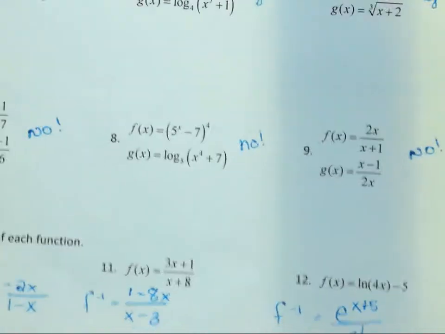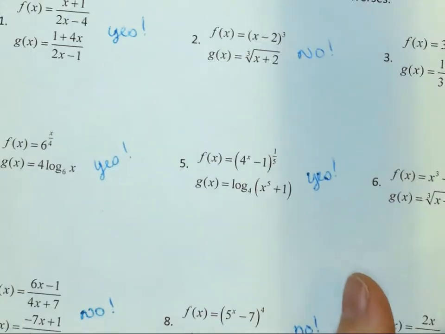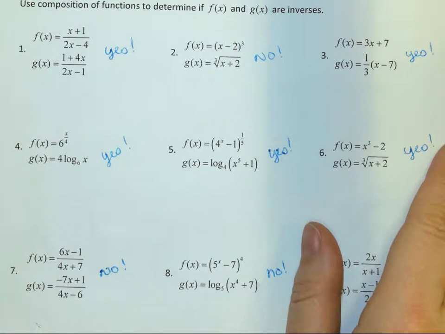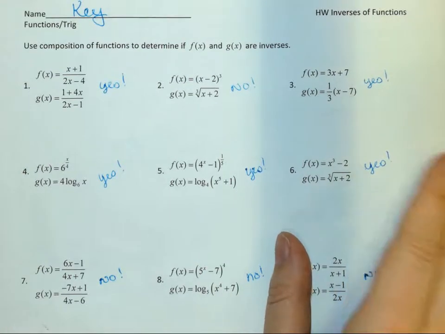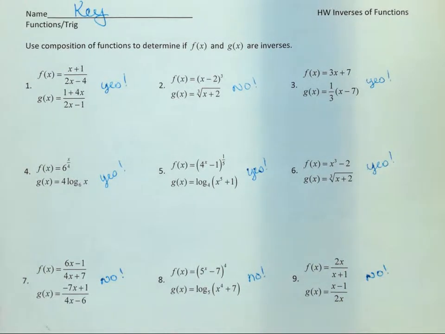All right. So the answers to your homework. Here are the first problems. Yes, no, yes, yes, yes, yes, no, no, no. Obviously, you really should show work on this, but these are just answers.